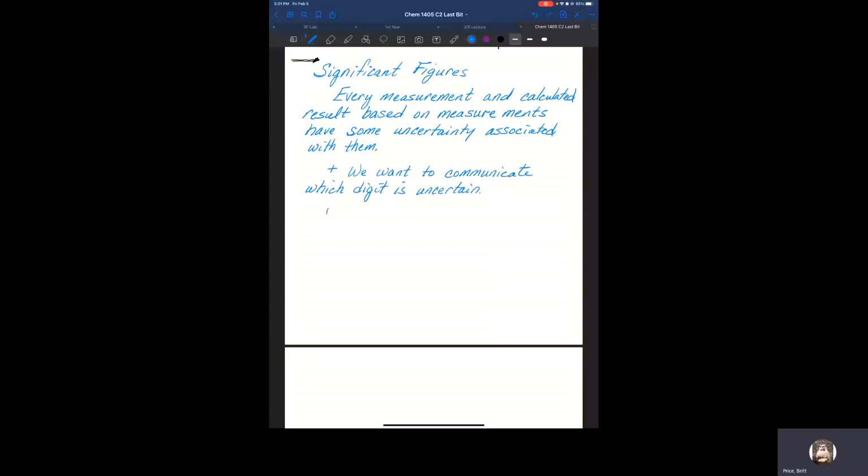We also are going to want to, when we round an answer, reflect that uncertainty.